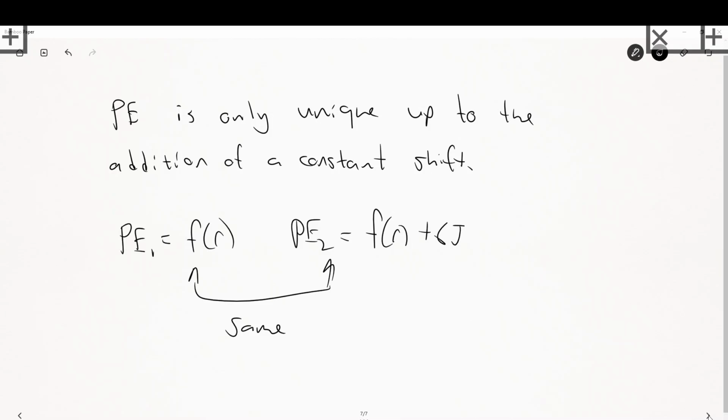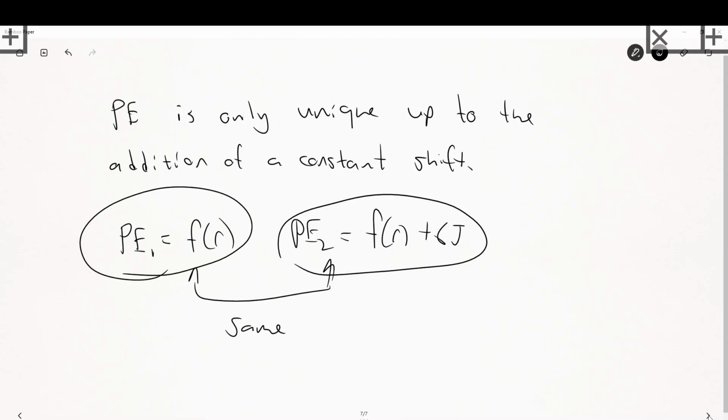So as long as I'm using a consistent potential energy function, either the one on the left or the one on the right, or any other one that's a constant shift relative to those, it is only going to be the changes in that function which are relevant, and the constant won't introduce any changes because the derivative of a constant is 0. So only changes in P are physically meaningful.